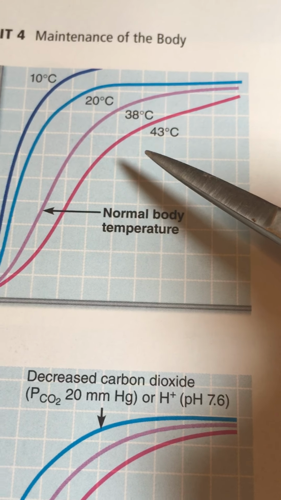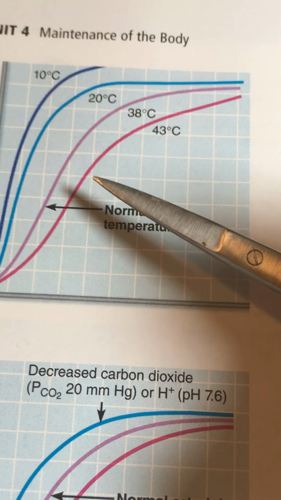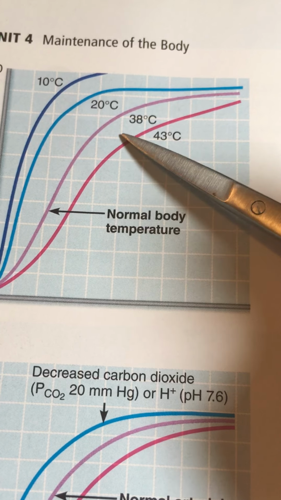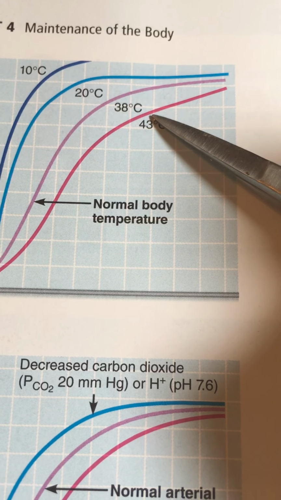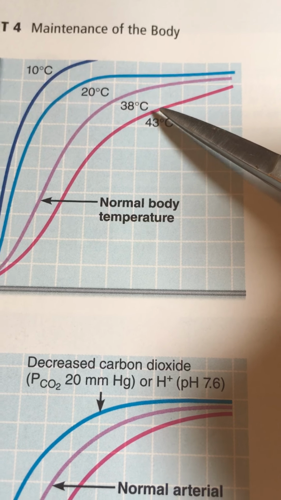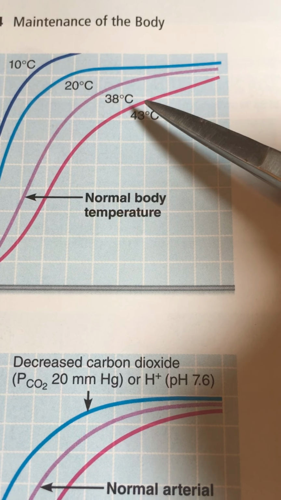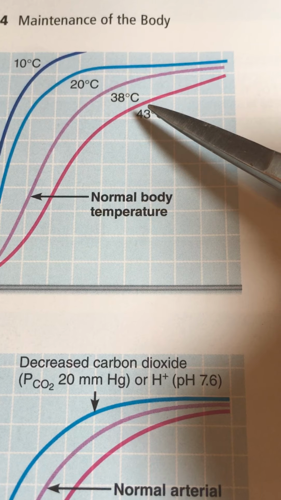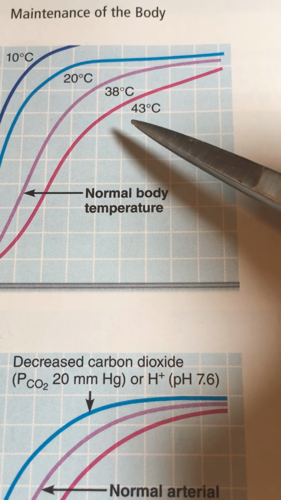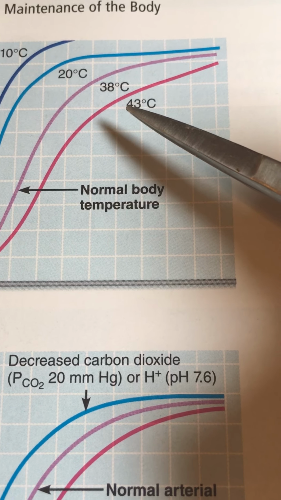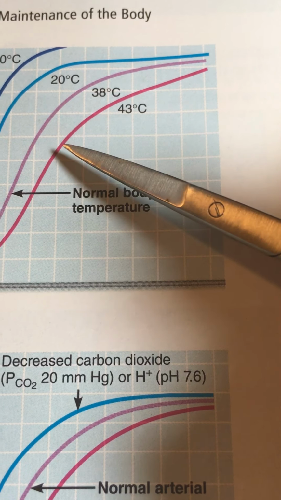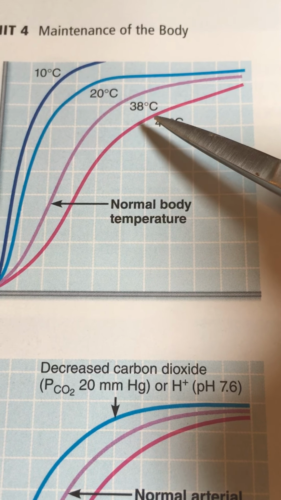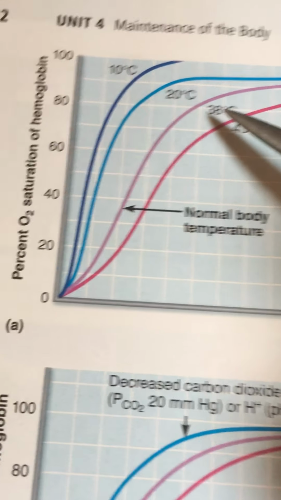That means that wherever the blood goes and it meets up with a tissue that's a little bit warmer because that tissue is working, maybe you're walking or running, and so those muscles are working and the temperature of the muscles is higher, that means preferentially those muscle cells are going to get more oxygen because the oxygen comes off the hemoglobin more readily.